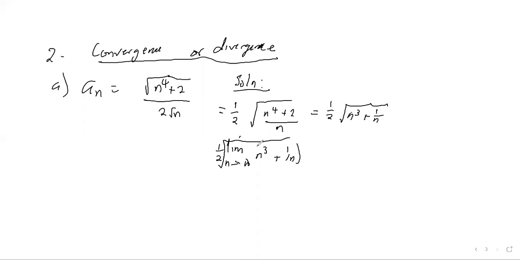So we understand that for n^3, we retrieve back the infinite, and for 1/n, we get 0. So the limit here is infinite. And so if the limit is infinite, then we know that this does not converge. So a_n diverges.